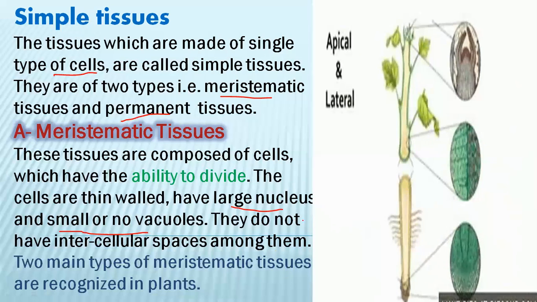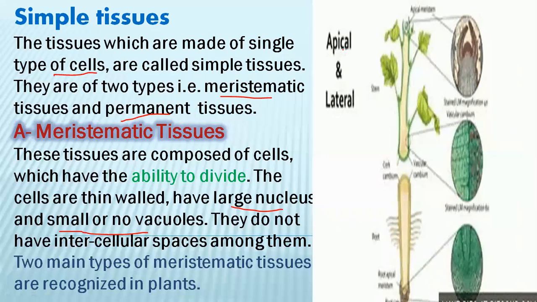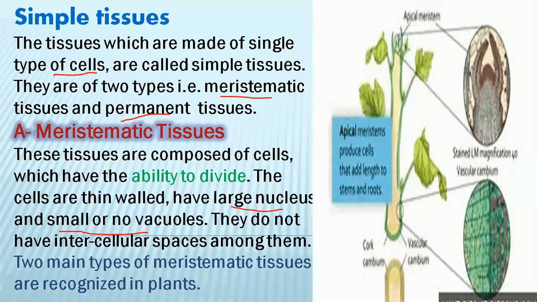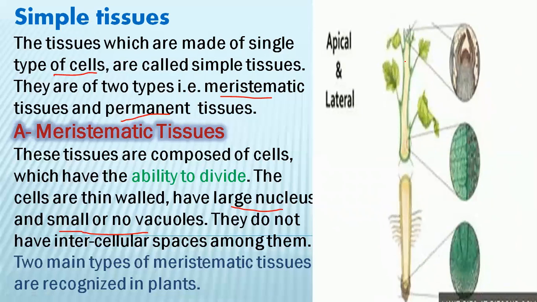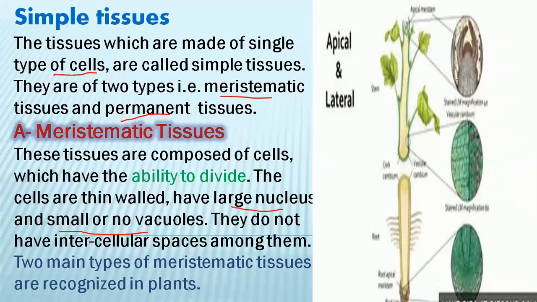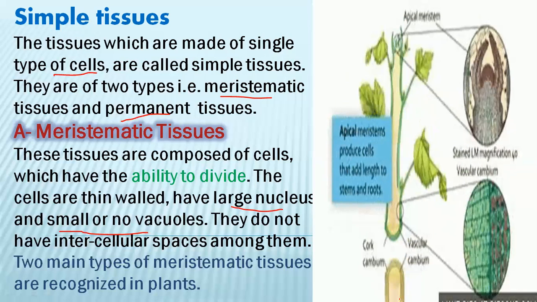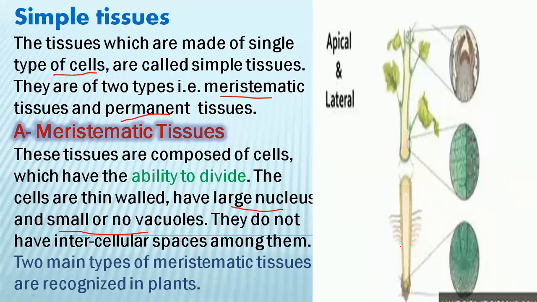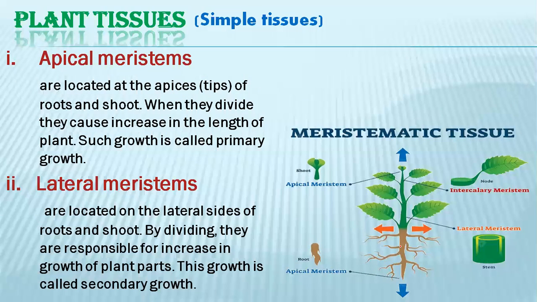You can see apical and lateral, two main types of meristematic tissues, and then there is another type of tissue. We will talk about them afterwards in the next slide. So you can see apical meristem. This is apical meristem, which is on the upper edge and the lower edge in the root, and this is lateral meristem, which makes the width of the plant.